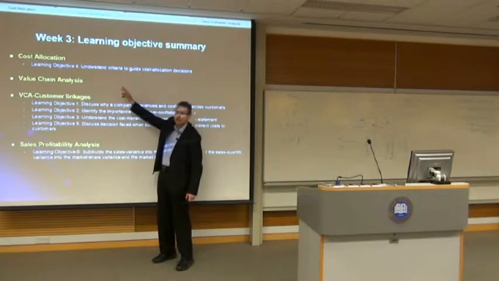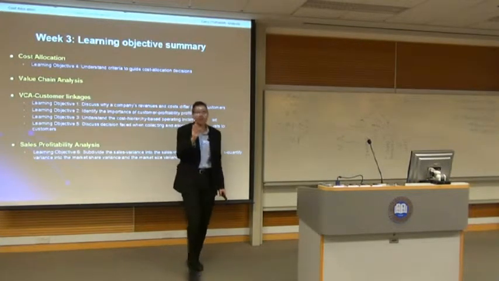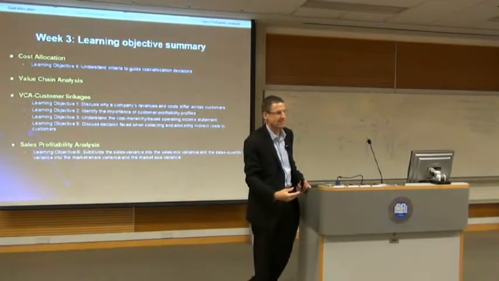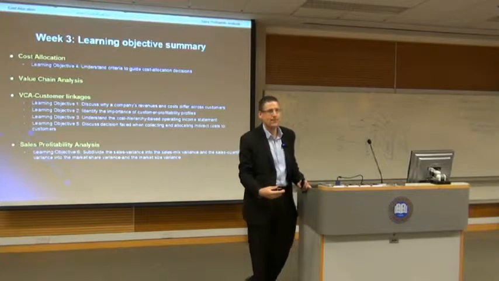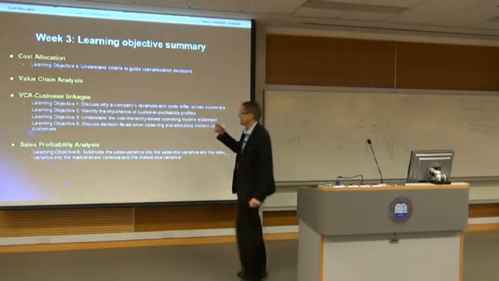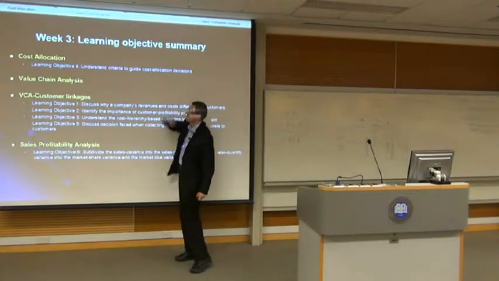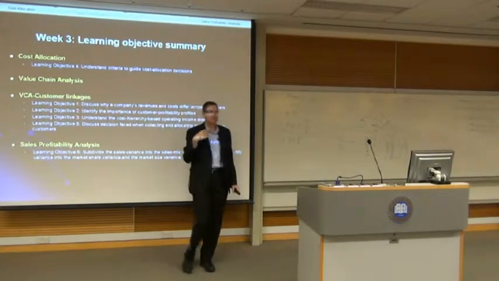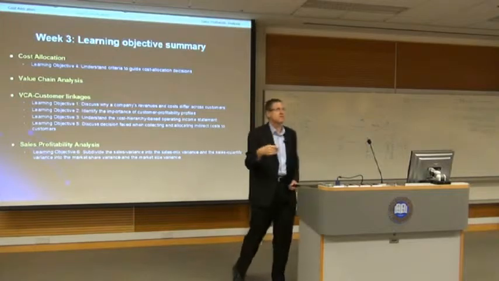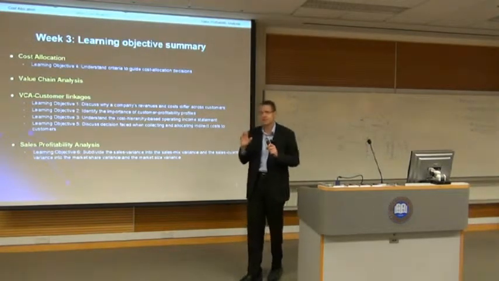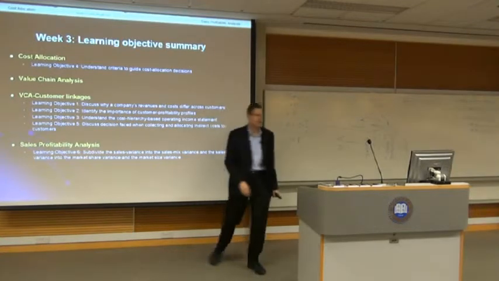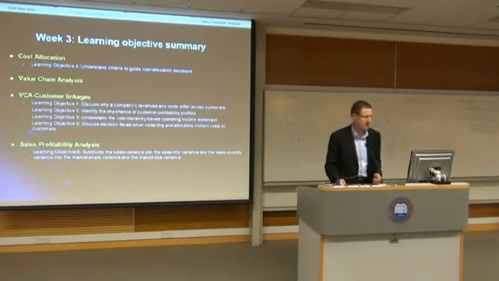Notice cost allocation comes halfway through the chapter, but we're going to consider it first today. In edition 15, this occurs halfway through. In edition 14, this cost allocation basics occurs very early on. So it's a different schedule here. But we're definitely going to focus on customer linkages. So let's get into this good stuff.